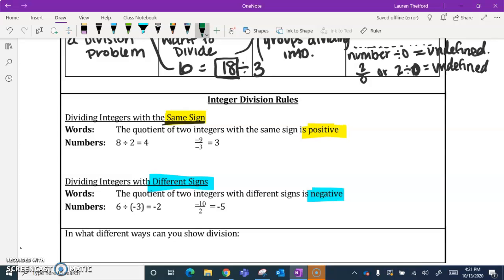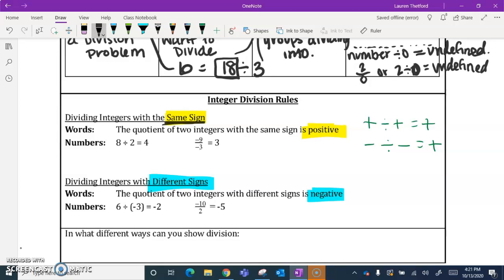So what this means is that a positive divided by a positive gives you a positive, and a negative divided by a negative gives you a positive. No matter what, as long as you are dividing by the same type of number, you will have a positive.